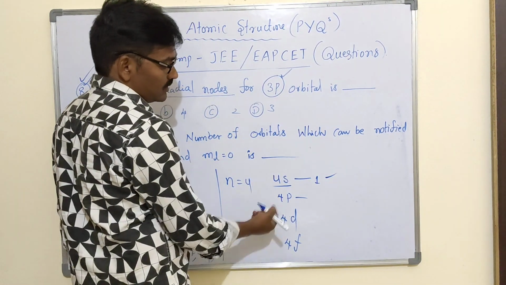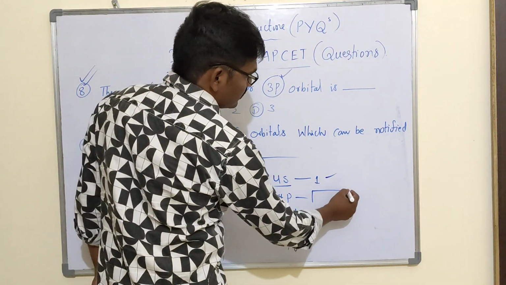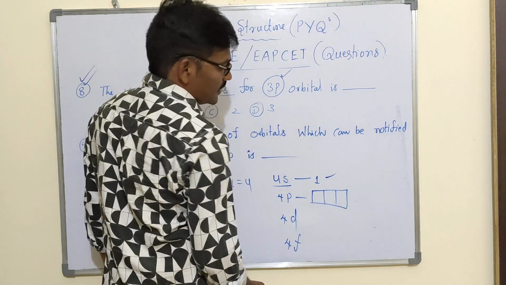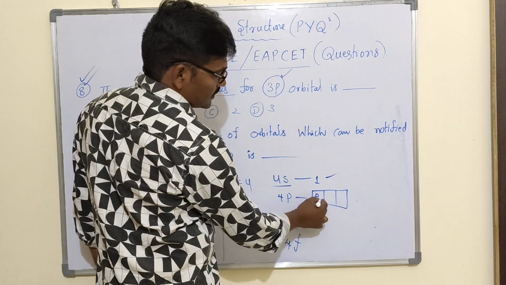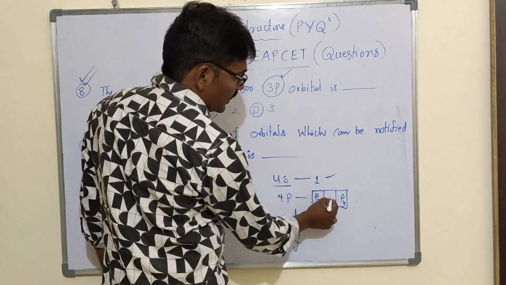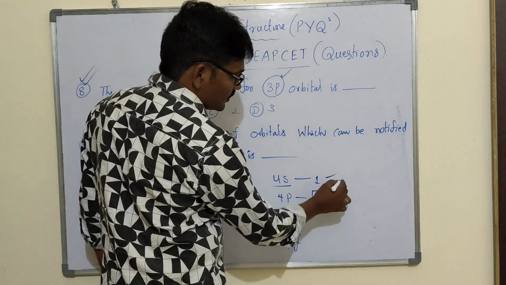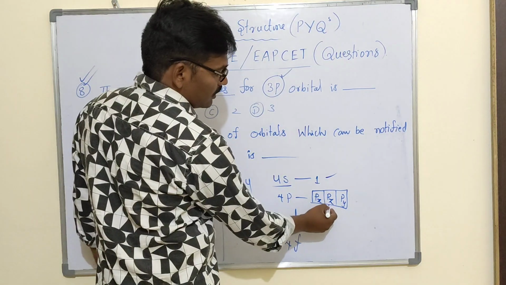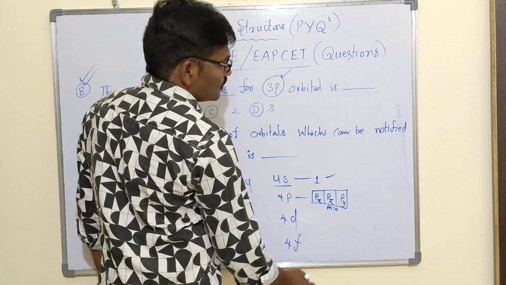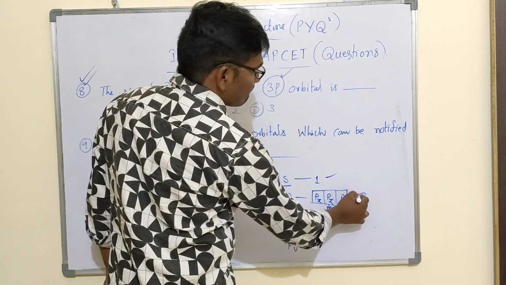Then for the p orbitals, look at px, py, pz. Sir, px, then py, then the middle orbital we can take as pz, right? For the pz orbital, always m equals 0. So here one orbital is there.